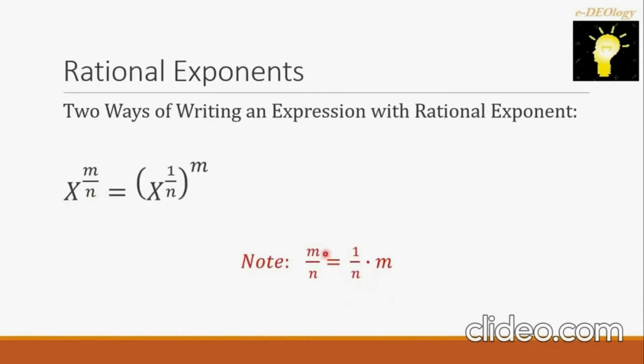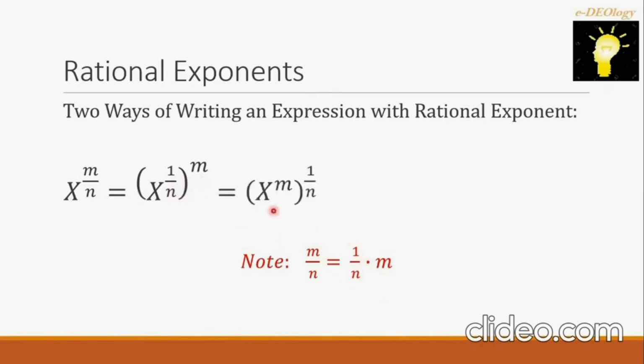One is the m, or the numerator itself, multiplied by 1 over n, this fraction with numerator 1 and n as the denominator. So as we see here, we have now the x with two exponents. One is the fraction 1 over n, and outside the grouping symbol is the exponent m.